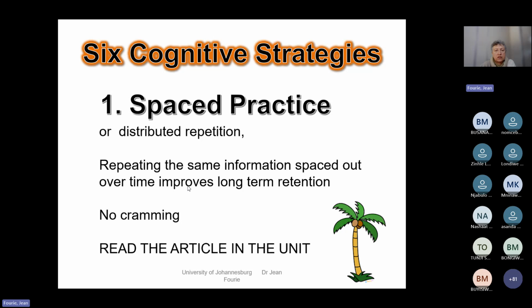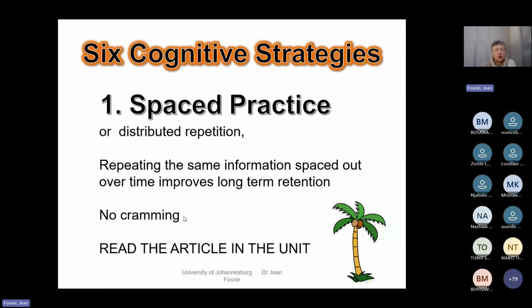We are spacing out our practice. We are repeating the information, but at very strategic times. Immediately after you've received the content, you're doing it a day later, 3 days later, a week later.